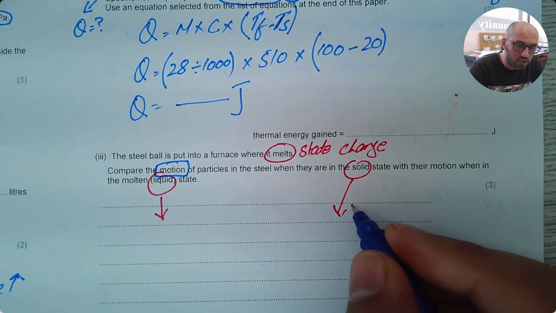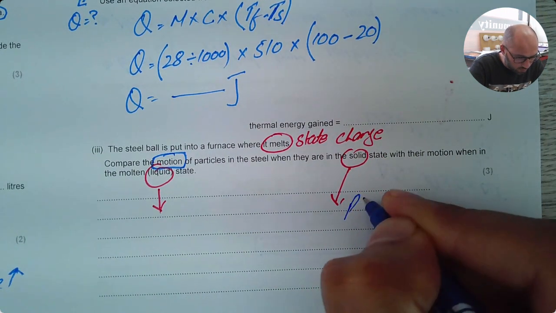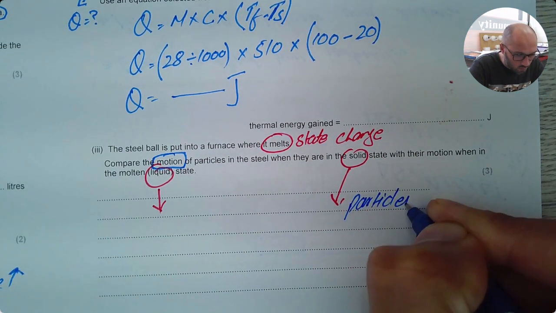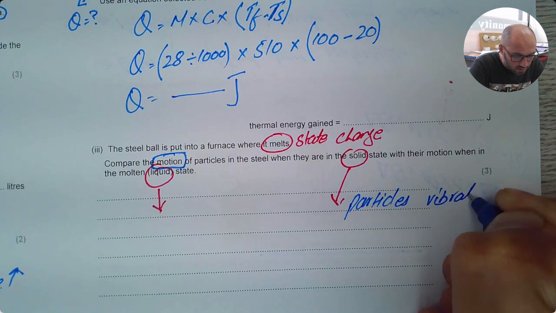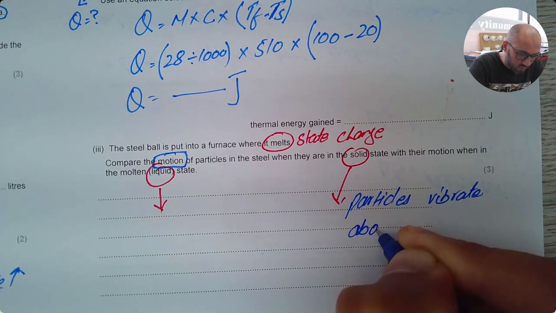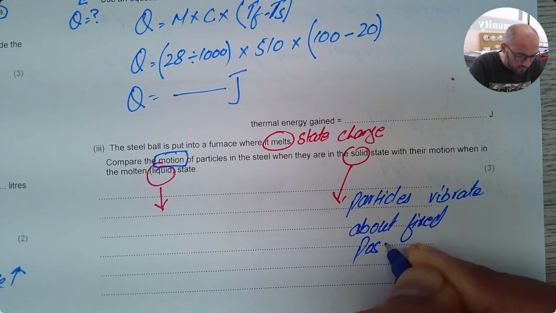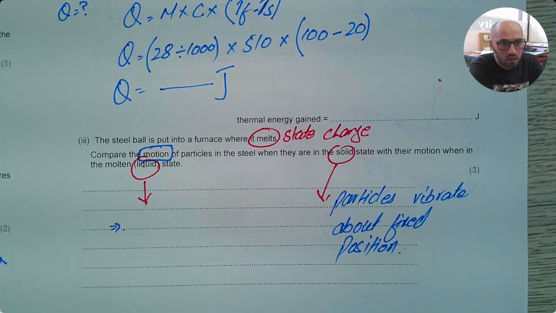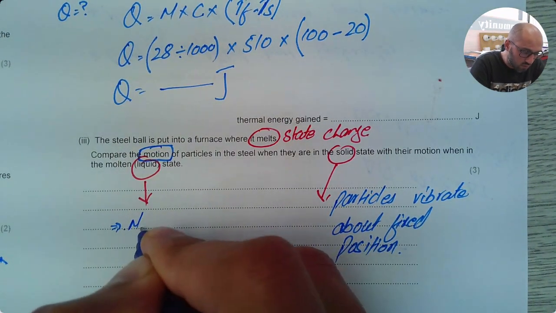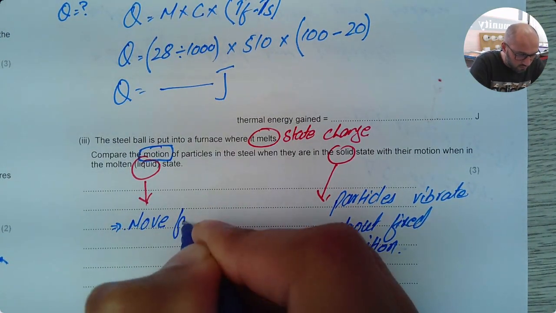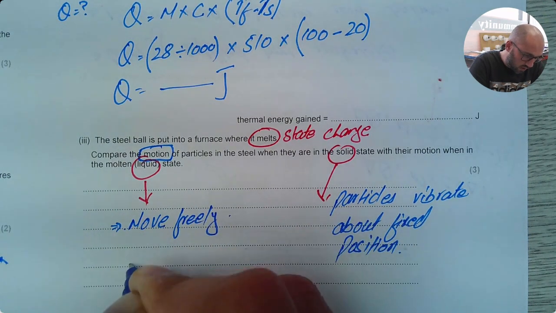When it is solid, I'll say particles vibrate about fixed position. Once the liquid state is achieved, then particles can move freely within the liquid.